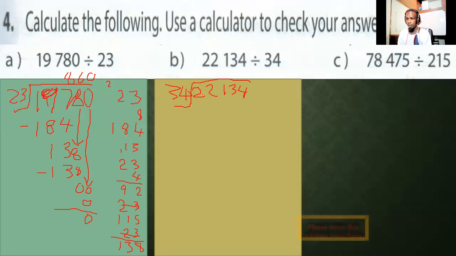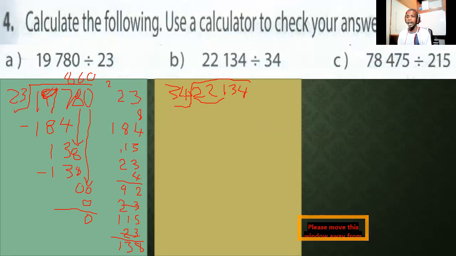Good. If we divide 22 by 34, it can't because 34 is bigger than 22. So we use 3 numbers, 221. Okay. Now, let us work.